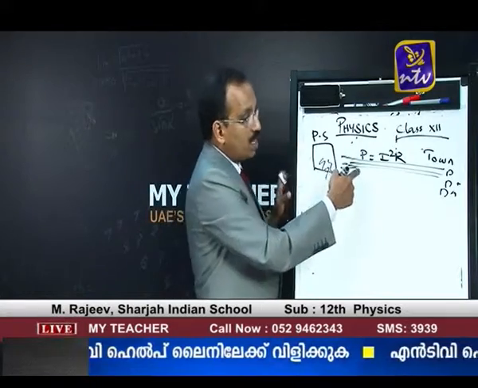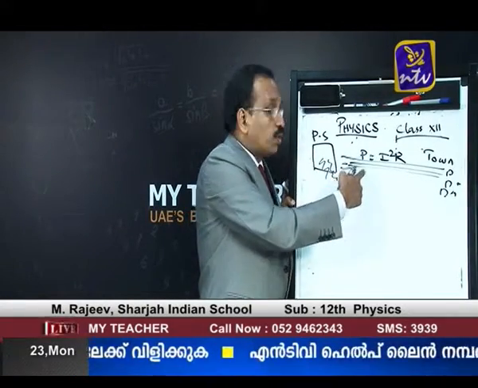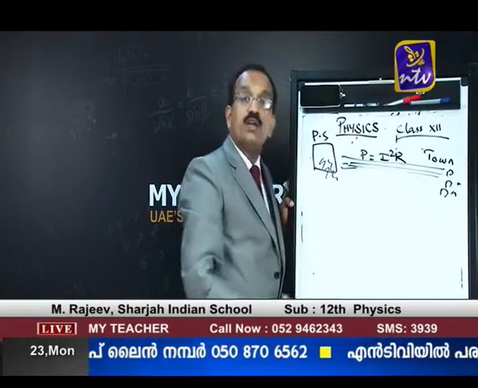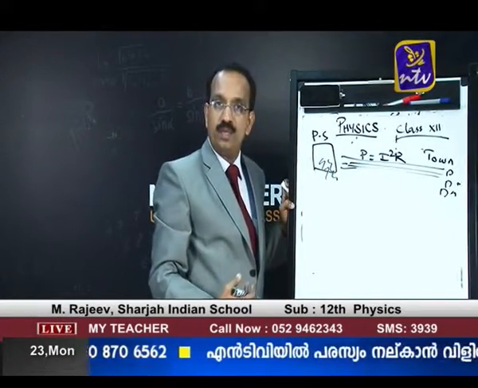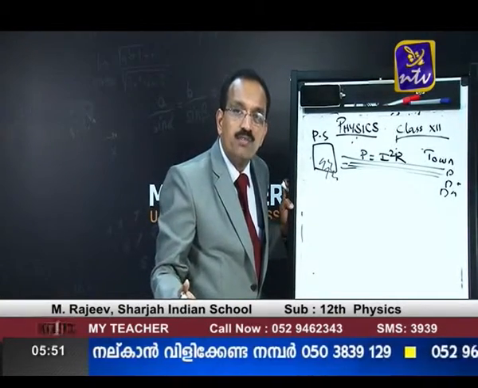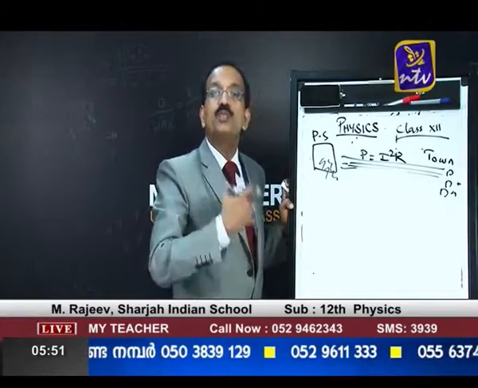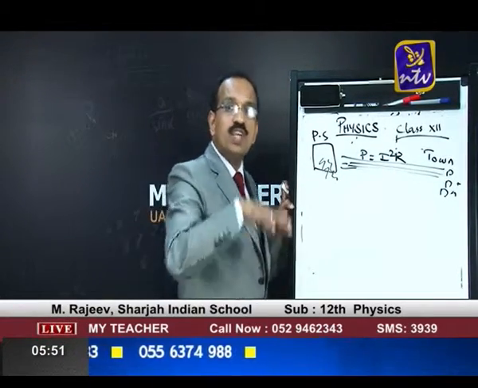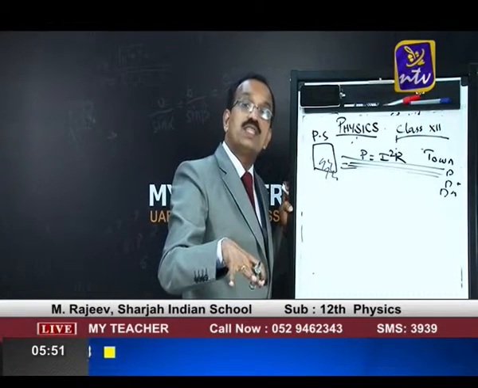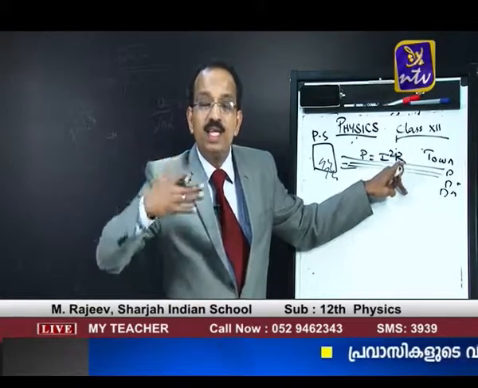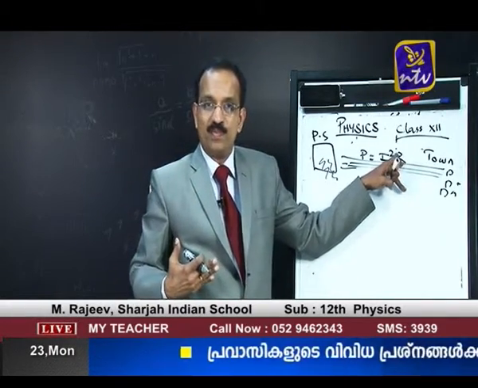Listen, this is power loss. We want minimum resistance or minimum current, then only power loss can be minimized. Remember, the major loss of energy in the form of heat is what is generally called transmission loss. That is mainly due to the resistance of the wire. So, as far as possible, we have to keep the resistance of the transmission lines minimum. That is one factor, and we should take it into account from the beginning itself.